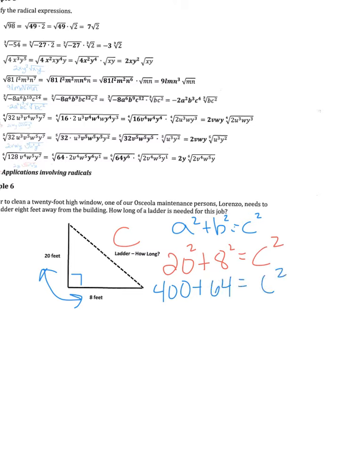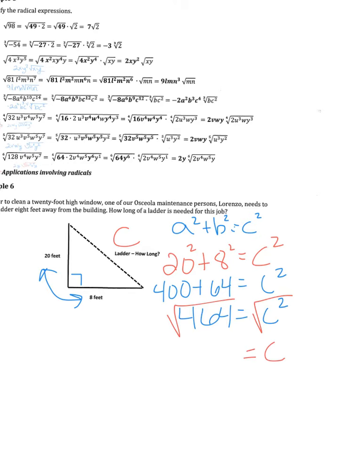To find C squared, we add them together. 464 equals C squared. Now, we don't really want to know C squared, we just want to know C. So to get rid of this square, we're going to use a square root, but we have to do the same thing to both sides. So we're going to put a square root on here, and that will give us C.